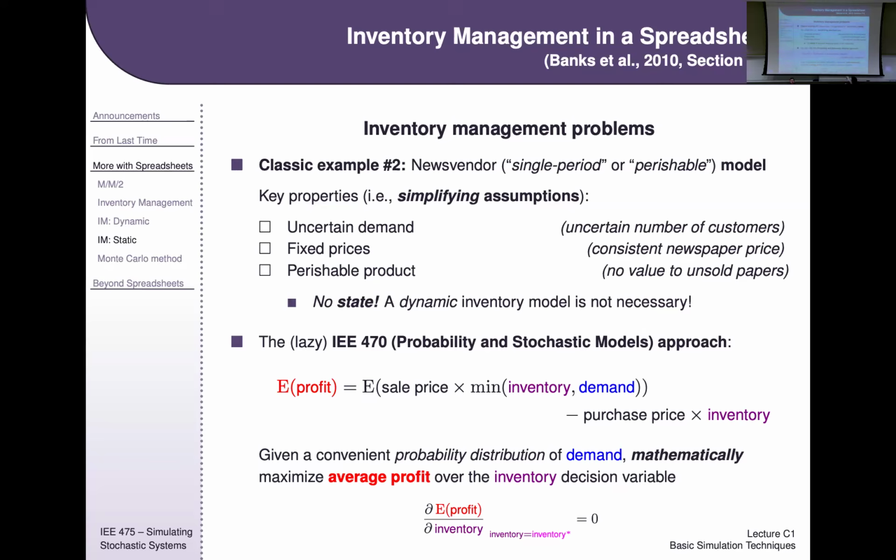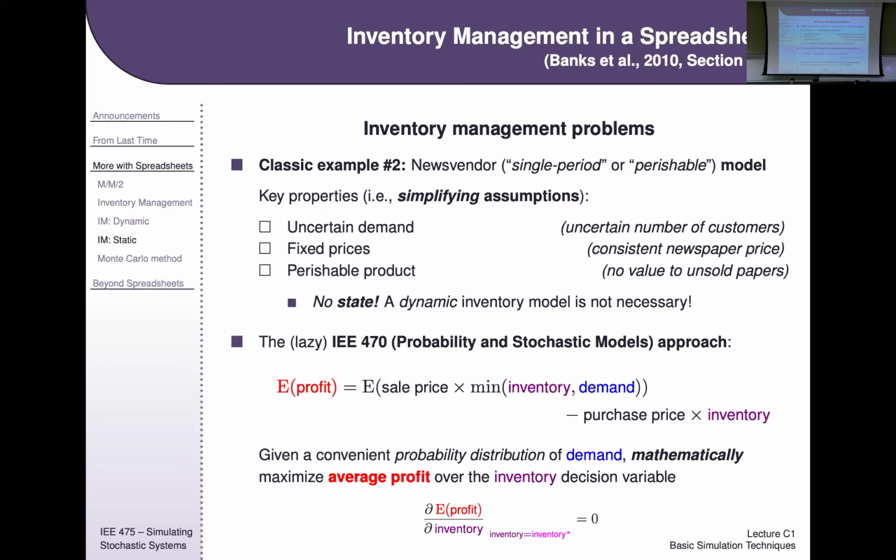Then it's possible to calculate the expected value of this, because you can look it up. You can take minimums over normal random variables and get a random variable out that has a mean. So you can turn this into a nice tidy little formula that has inventory as the free variable. And if I want to optimize this, I just do old school optimization.